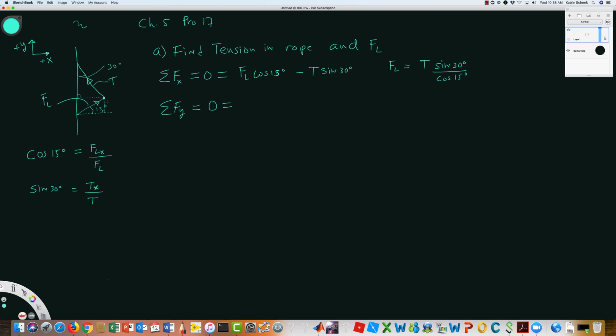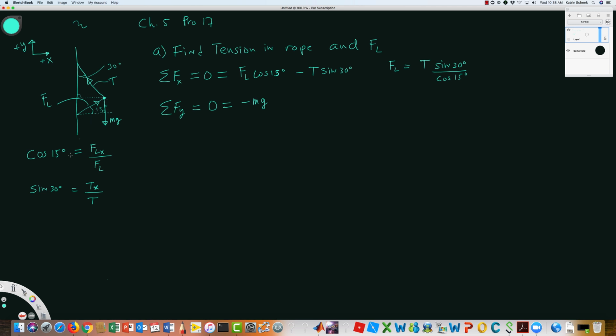What I've left off this drawing is, of course, the weight of the mountain climber, which is mg, straight down in the negative y direction. So why don't I start with that? Minus mg. And now I have a component of FL in that direction, but it's positive.